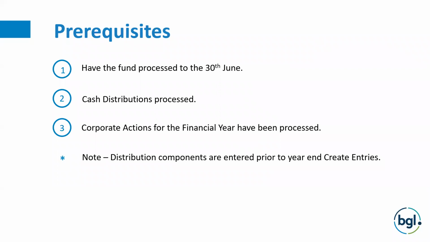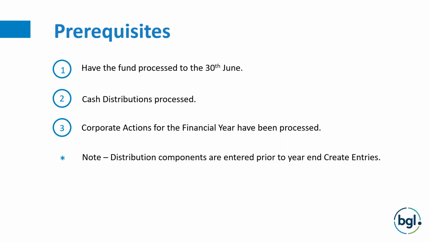Now, before we begin processing distributions, there are a few prerequisites that we recommend taking care of. Firstly, you want the fund to be processed up until the 30th of June. This includes all cash distributions, as well as all corporate actions, and ideally nothing left in those clearing accounts.